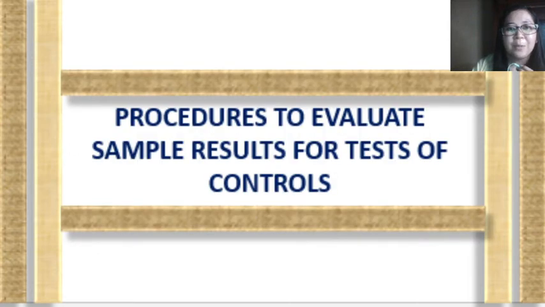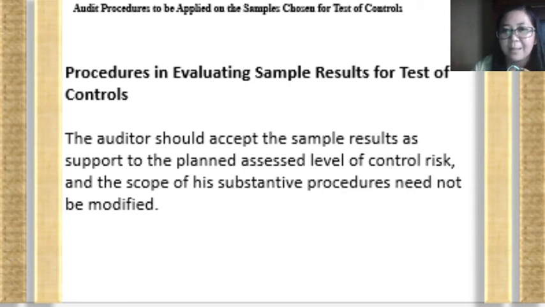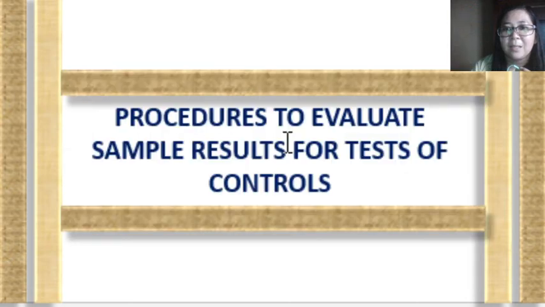Okay, so we will continue with the next topic. So this is procedures to evaluate sample results for test of controls. In the first item, we discussed the procedures applied in the sample chosen. This time, procedures to evaluate the sample results for test of controls.